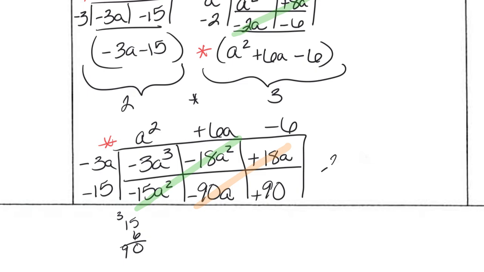So this would come out to negative 3a cubed, and along those diagonals we add them together. So negative 15 plus negative 18 is negative 33. Negative 90 plus 18 is negative 72a, and 90.